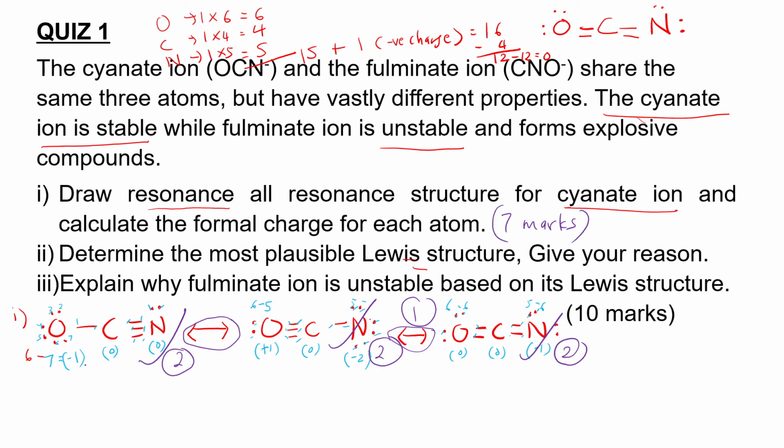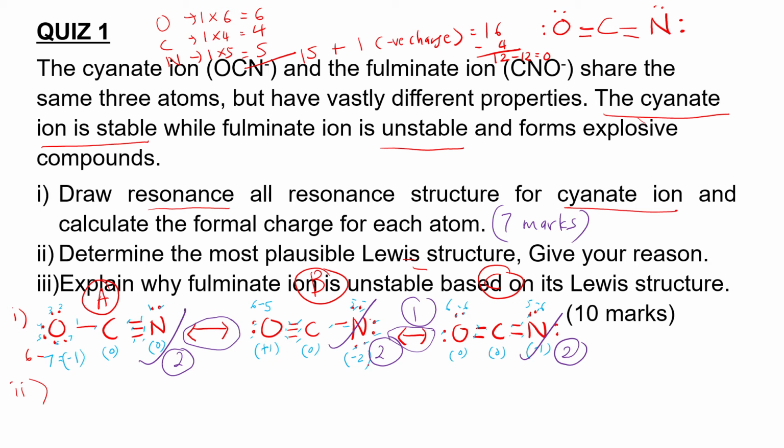And for question 2, determine the most plausible Lewis structure and give your reason. Okay, we number them here: this is structure A, this is structure B, and this one is structure C. So for the most plausible Lewis structure, we don't have zero formal charge, so we choose the one where the negative formal charge appears on the more electronegative atom. Structure B has negative 2 and positive 1.